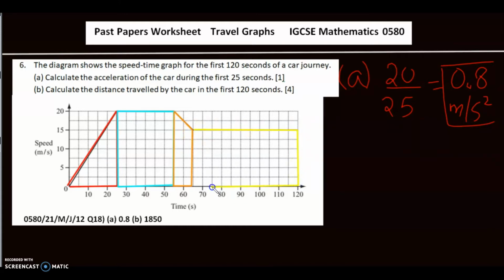So let's start with the area of the triangle. That would be half times base, which is 25, times height, which is 20. Then we have a rectangle, length times width.